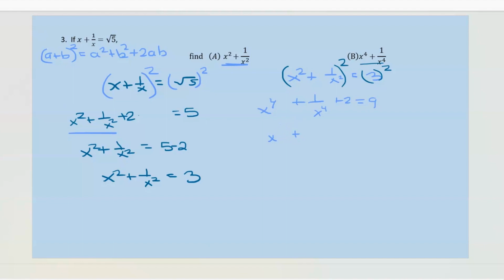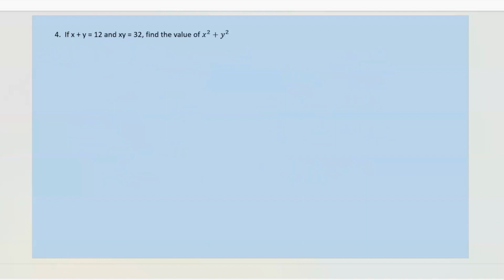Today really isn't my day. 1 over x to the exponent 4 equals 9 minus 2. And then to get the final resulting answer, 9 minus 2 is 7. And that is our answer. Not 9, 7.